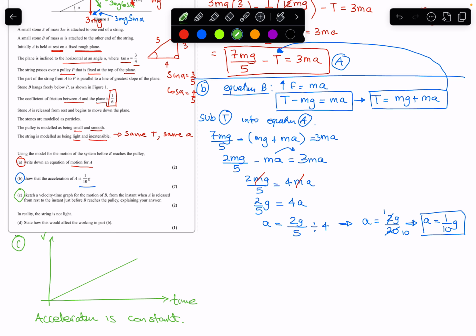So, part D is asking us to state, in reality, the string is not light.